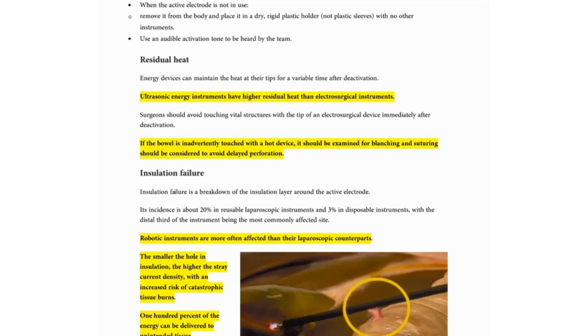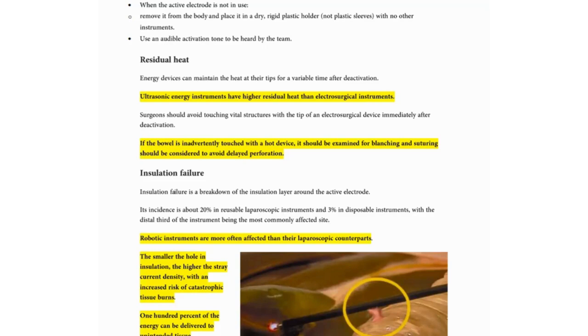We have what's called residual heat. Residual heat is simply the amount of heat that remains in the diathermy even after deactivation, just like when you are cooking in a pan. The pan is going to be hot even after you stop cooking. This is residual heat.